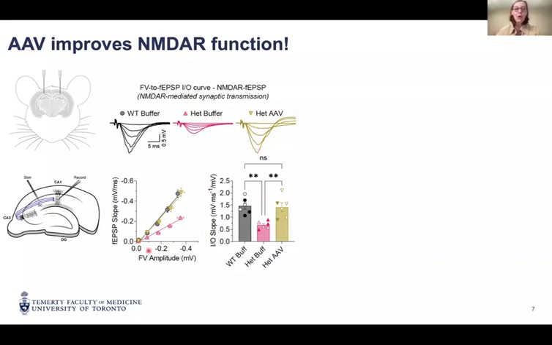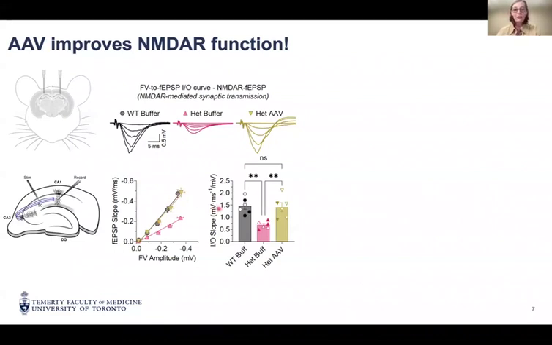So this is one example trace. And this is what we see when we studied 6 different animals. So these are wild types treated with just the buffer, or the heterozygous animals just treated with a buffer. And then these in yellow are the animals that are treated with the AAV.